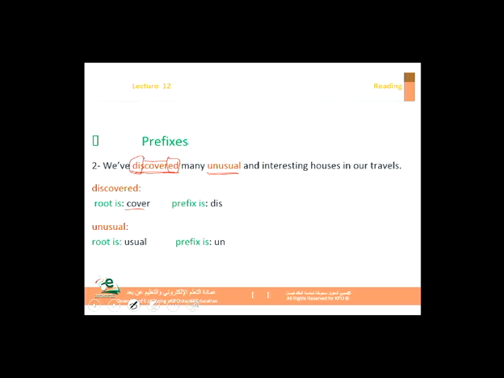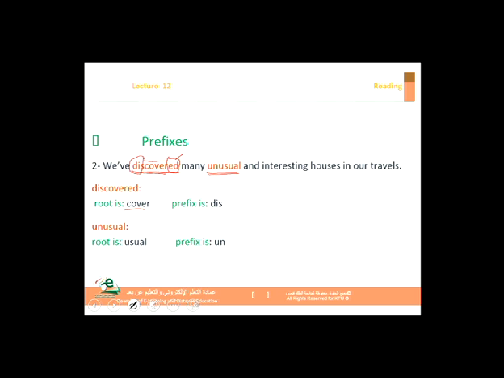And dis here means not. So it's the opposite of cover: discover, let's say explored or found. So discovered. Ed, of course, means past.